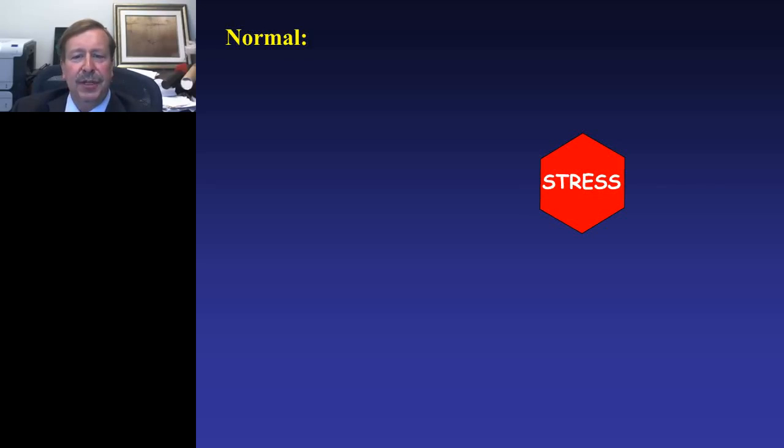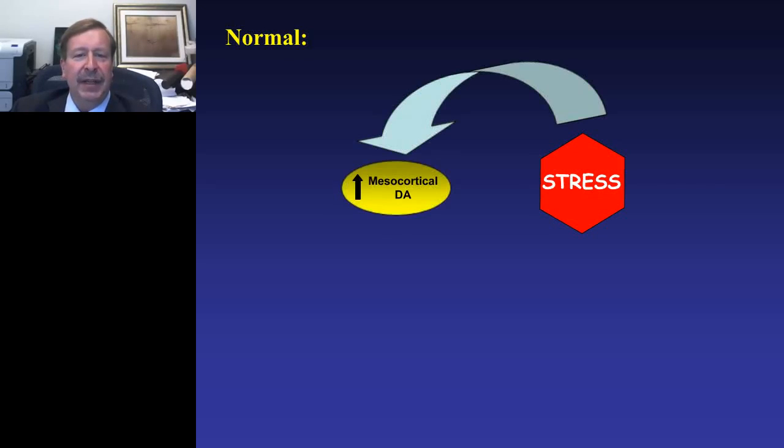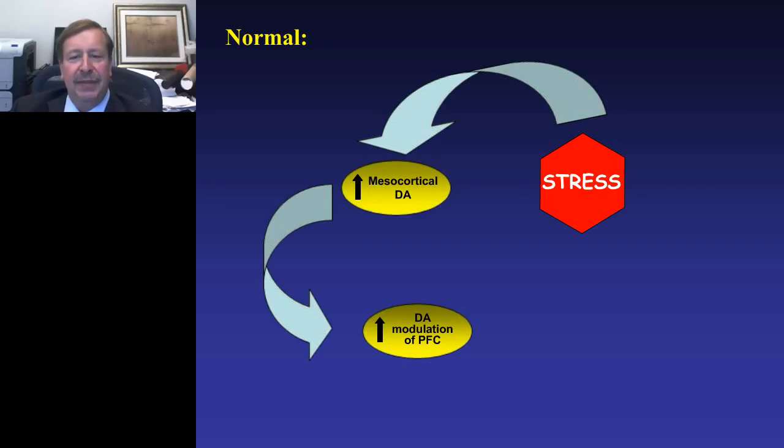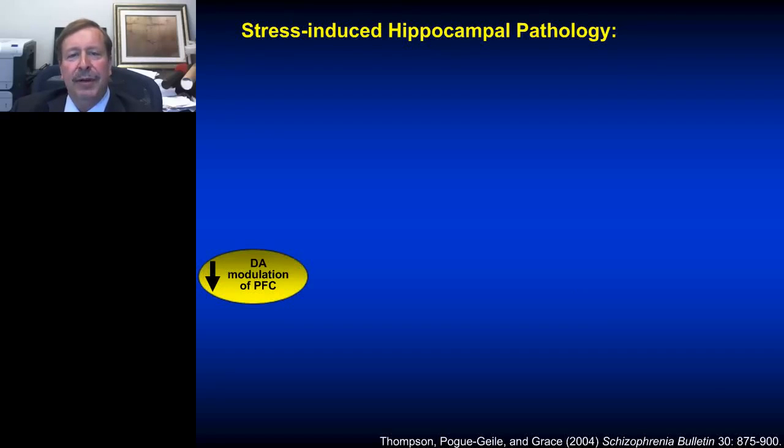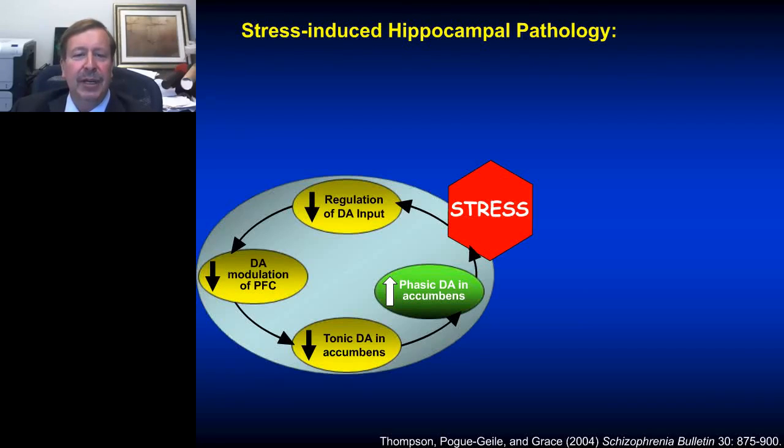So in the normal individual, stress activates the dopaminergic input to the frontal cortex, which activates frontal cortical neuron firing and feeds back and inhibits the stress response. However, if there's damage to the prefrontal cortex dopaminergic input or dopaminergic regulation in the prefrontal cortex, we're going to get dysregulated dopaminergic systems, which are going to contribute to stress.